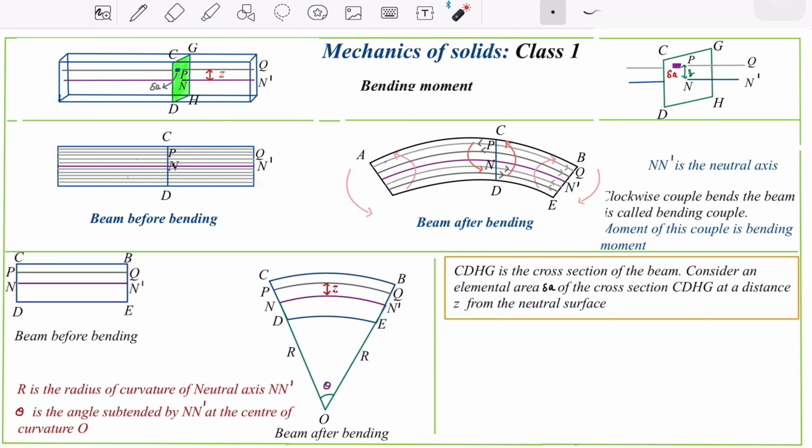For this, let us consider a small area delta A in the cross section which is at a distance Z above the neutral axis NN dash. We have the filament PQ is also at a distance Z above the neutral axis. So we can say the filament PQ will pass through this area delta A.